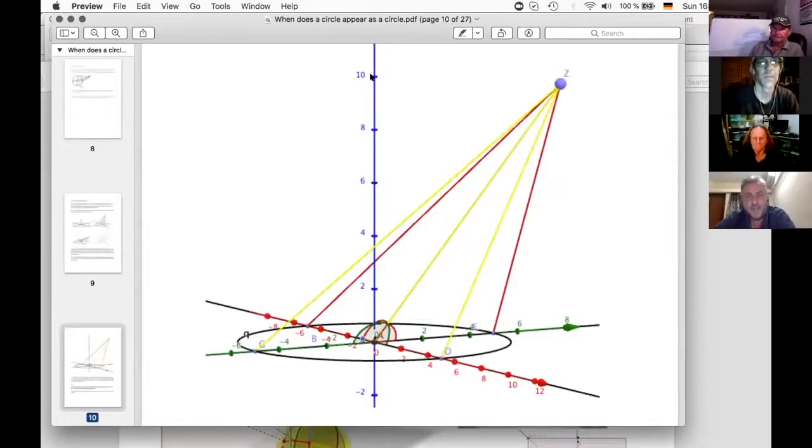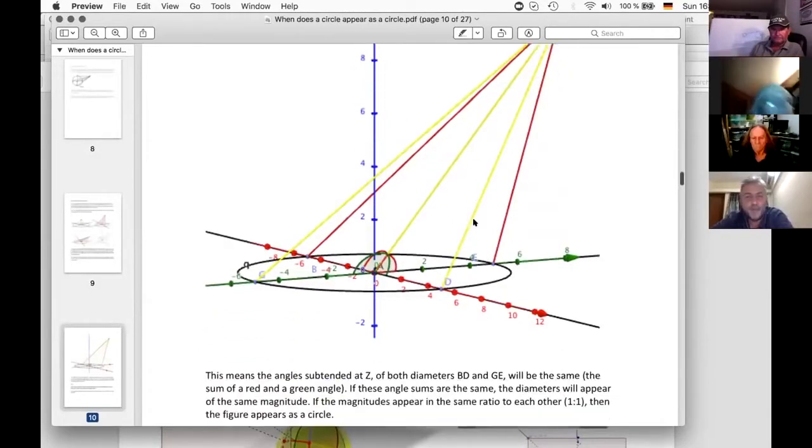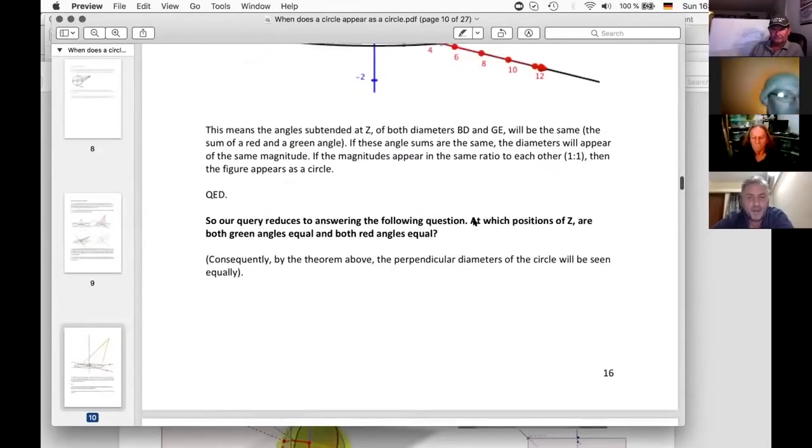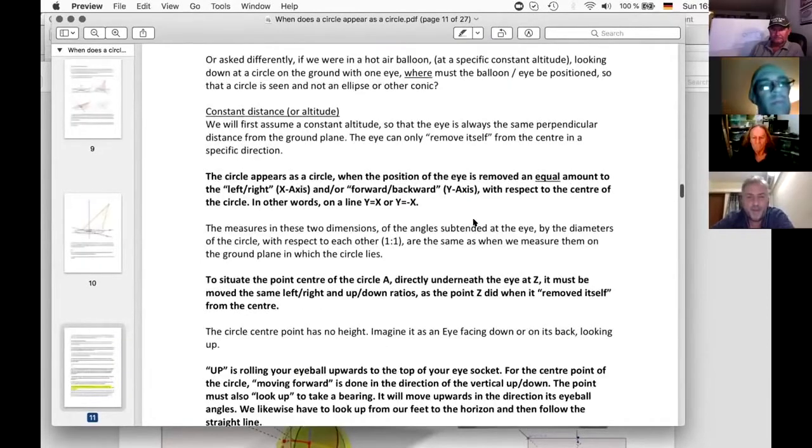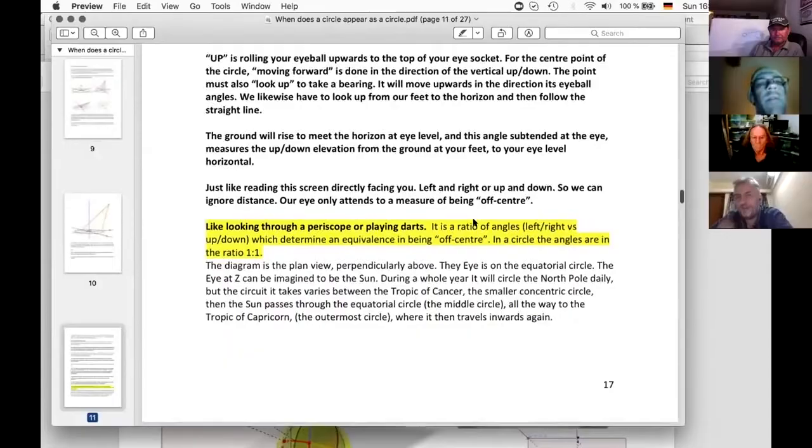That was case number one. It doesn't have to be on a sphere. That was case number two. There is also the special case where, when the enclosing angles are the same, it will also look like a circle. So I was just trying to find out, what does that mean? Why is it that we see a circle as a circle?